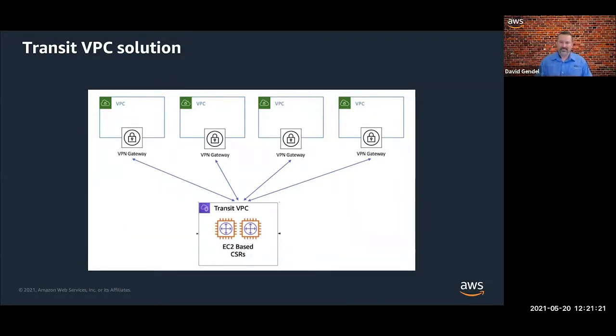The transit VPC solution will generally be more expensive as compared to transit gateway because you're running the virtual appliances, the EC2 instances. You're also worrying about licensing of the software. You do have limited throughput, up to 1.25 gigabits per second per VPN tunnel, and additional configuration and management overhead, right? You now have to manage the availability and redundancy of these instances. That's not to say it's a bad idea to run a transit VPC. It just means that you should make an informed decision.